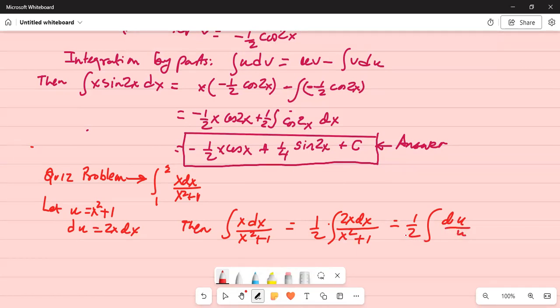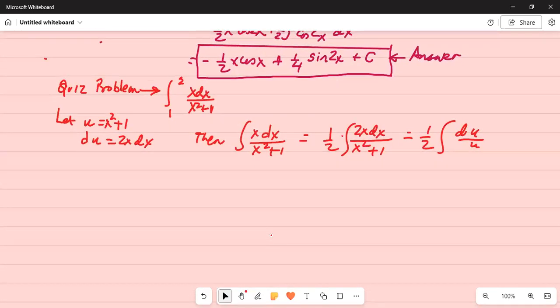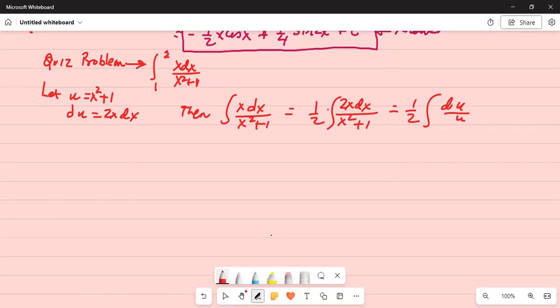So basically it's the derivative of u, and 1 over u with respect to u, du by u, is to be integrated. So this is equal to half integration of 1 over u with respect to u, which is half ln u plus c.